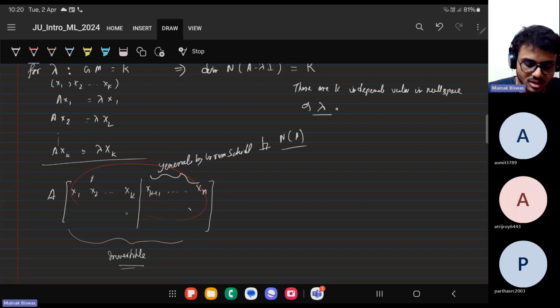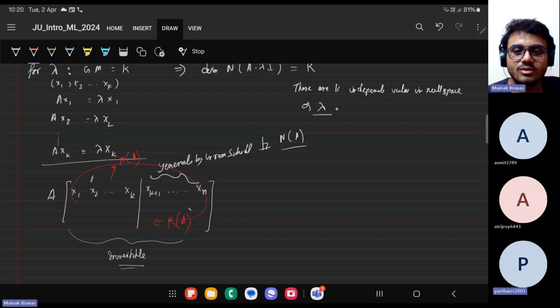This is in the column space. This is in column space. This is in the null space. You can also make this in the row space. Same thing. They're perpendicular, right? Yes or no? Because they're n-dimensional. Row space would become null space of A transpose, no?